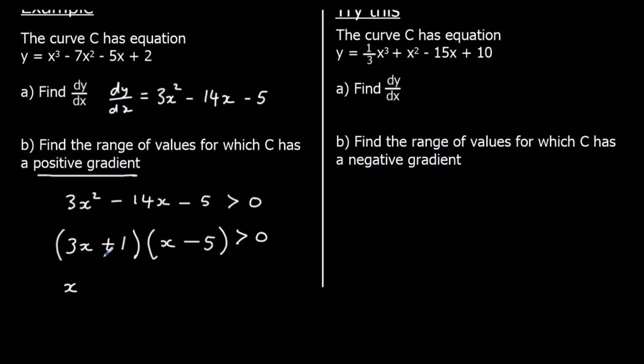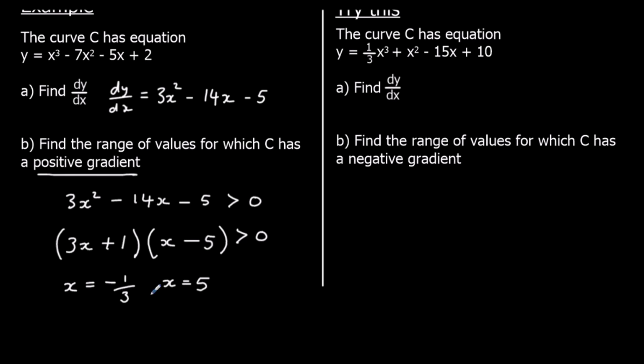The roots will be at x equals what makes this 0. What makes the first bracket 0, which is minus 1/3. That's what x has to be to make the bracket 0. And for the second bracket, x has to be 5 to make the bracket 0. So these are our roots.